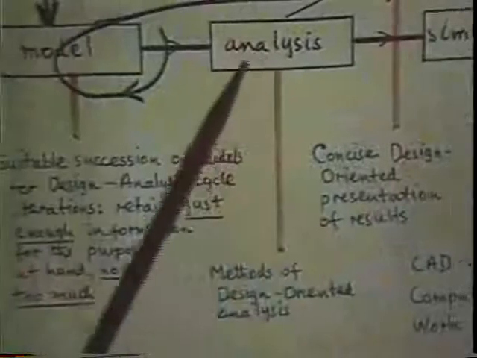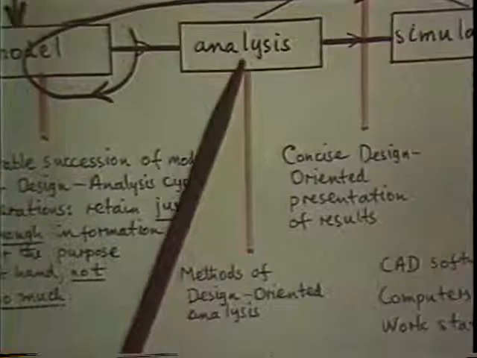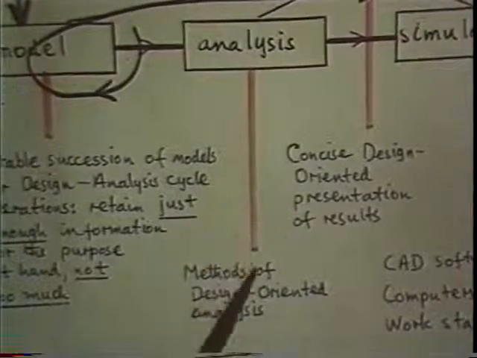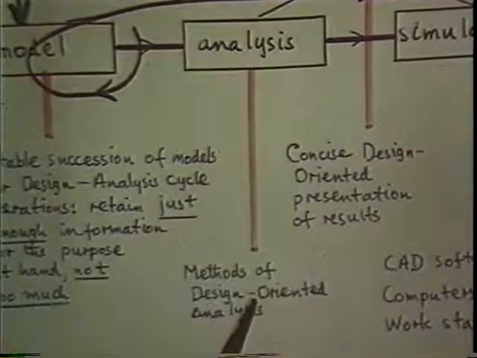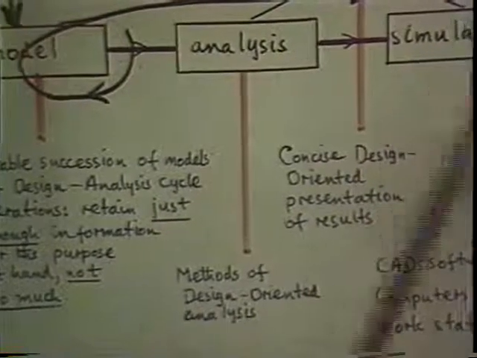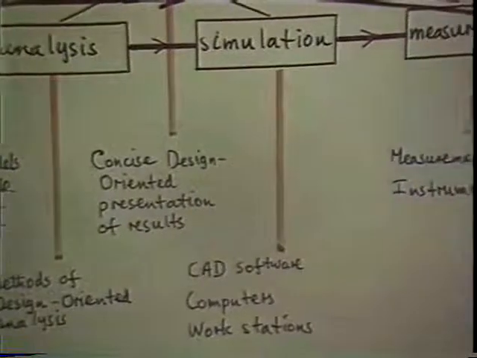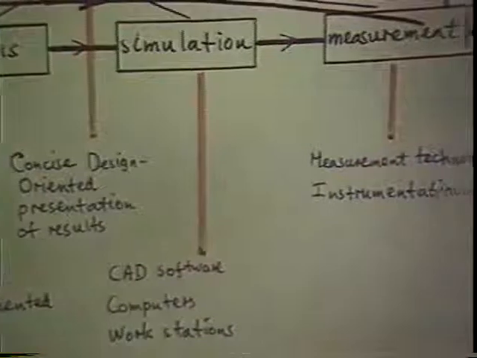Okay, now I've already mentioned, in anticipation of most of what I'm going to talk about, that you can control the analysis. That's the methods of design-oriented analysis that I want to talk about. Simulation, of course, is done using all the computers and software that's available, very powerful. Measurement techniques, instrumentation, and so on.